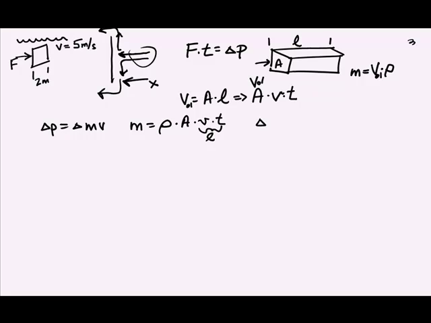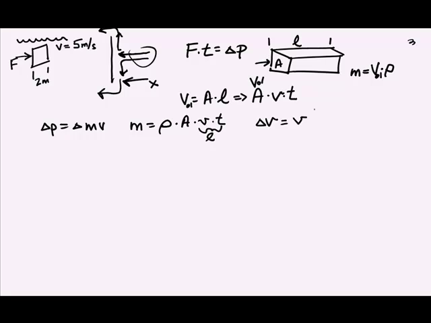How about our change of velocity? Well, we're going from some velocity towards the plate, and we're going to be stopping motion in the x direction. So our change of velocity will really just be the velocity that we're moving toward the plate.